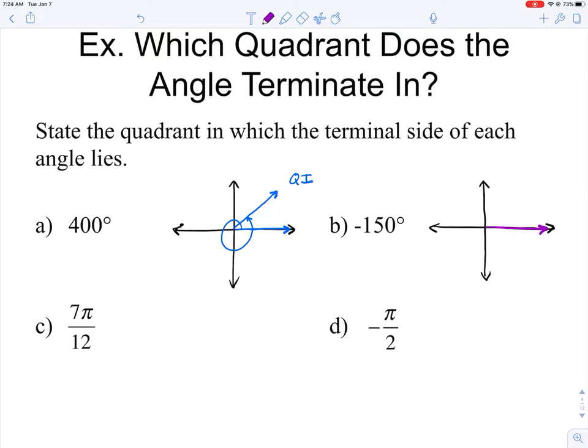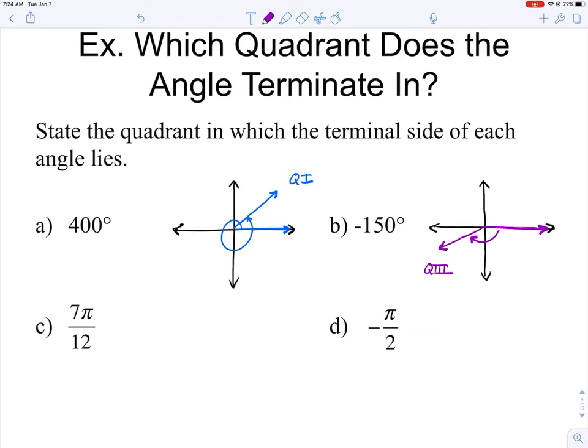We know that negative 180 degrees would end up terminating in the same place as 180 degrees. So negative 150 degrees will actually end up terminating in the same place as 210 degrees in quadrant 3. It rotates in the clockwise direction.